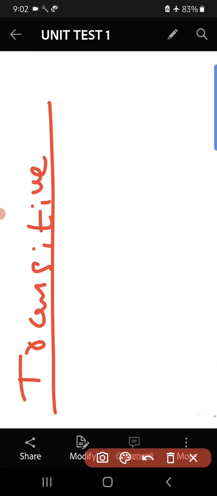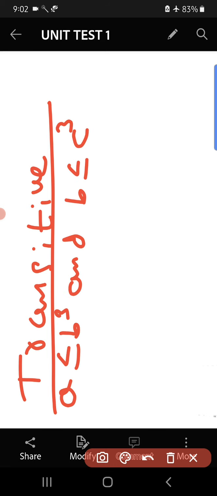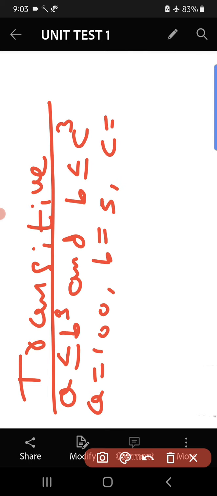See, transitive property, we need two pairs. a less than or equal to b cube and b less than or equal to c cube. Does it imply a less than or equal to c cube? That's all we have to check here. So let us take 3 real numbers satisfying this property. We will take a as 100, b as 5, say c as 2.